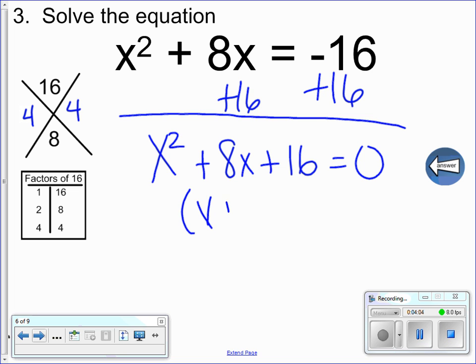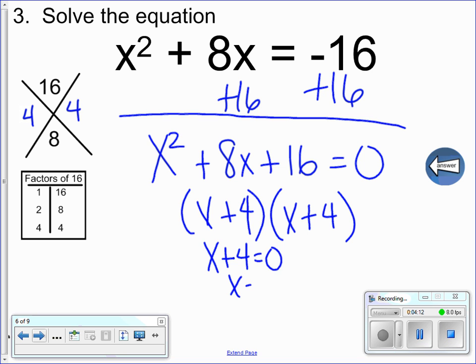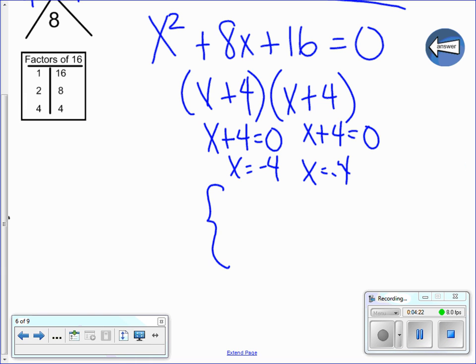So x plus 4 times x plus 4. Set them both to 0. So x equals negative 4. When we write our solution, we don't need to write the same number twice, so we'll just say negative 4.